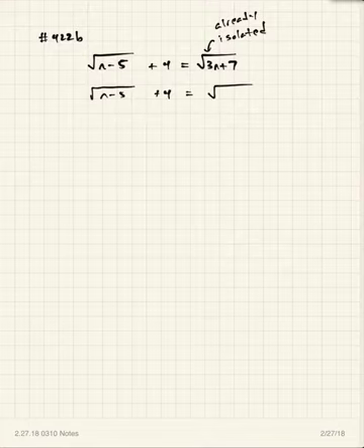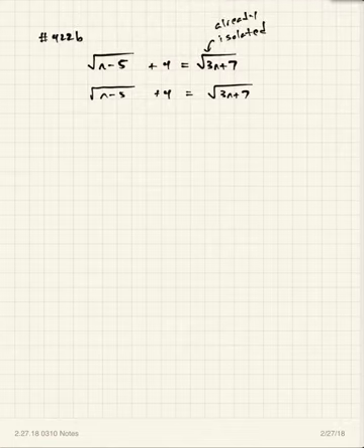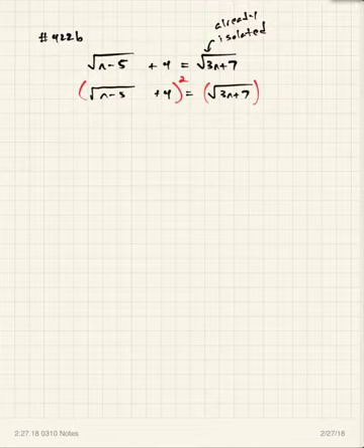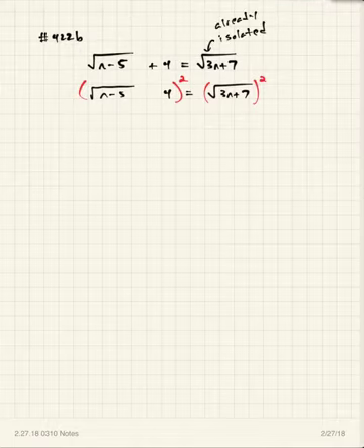So I'm going to write the equation down again, but now I'm going to show that I'm squaring both sides. So on the left side, I'm squaring that entire expression. You put parentheses around the entire side of the equation, which means you're squaring an addition problem. And then you're squaring just a single radical on the other side.